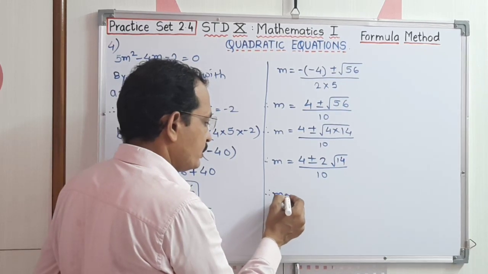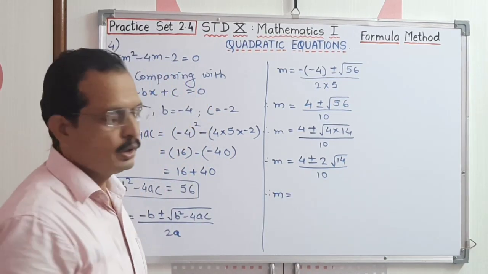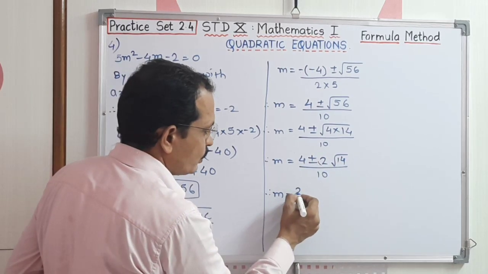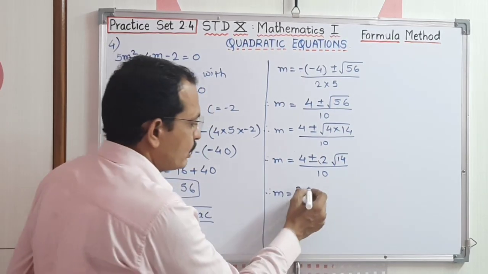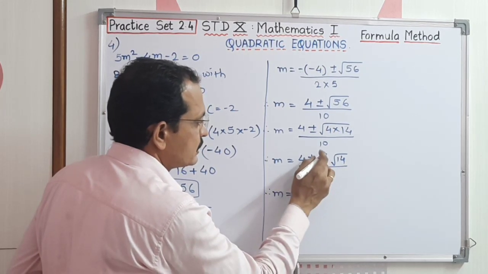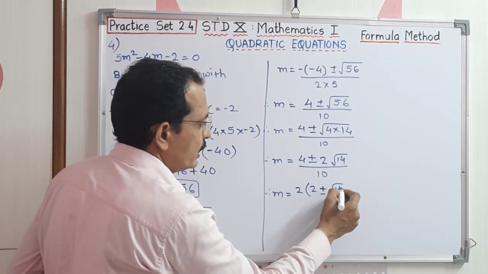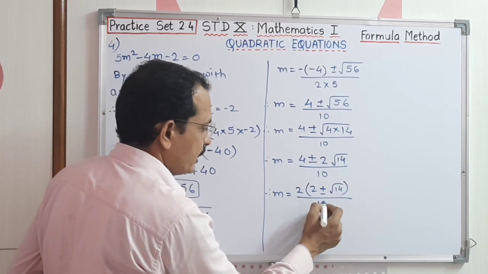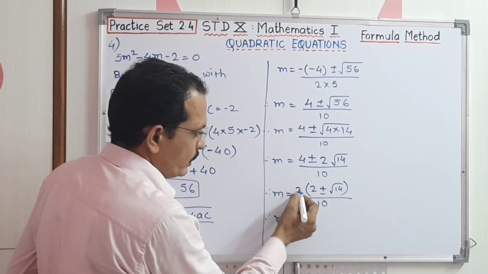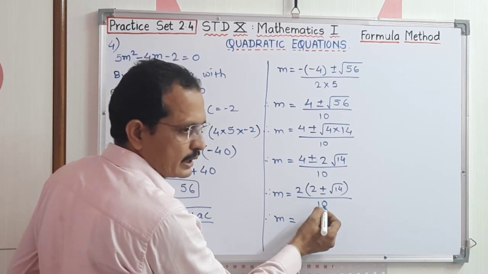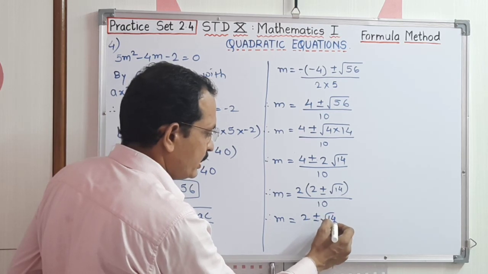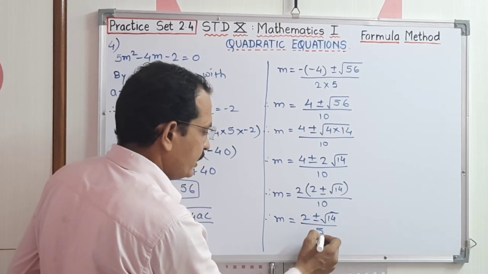Now dear student, m is equal to, from this and this we can take out 2 as a common. Then what will be remaining? It is 2 plus minus under root 14 divided by 10. Now m is equal to, we can write 2 5s are 10, therefore 2 plus minus root 14 upon 5.